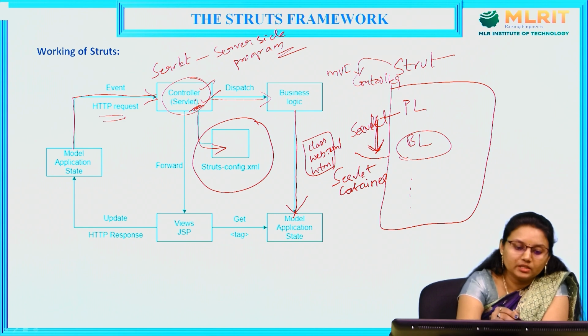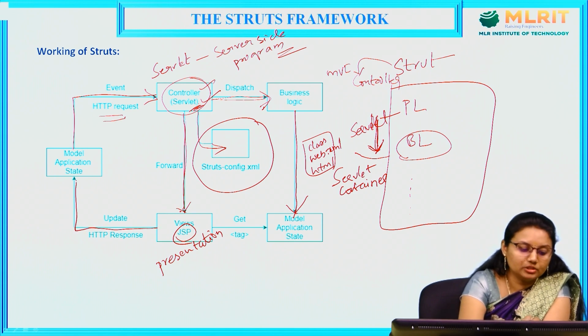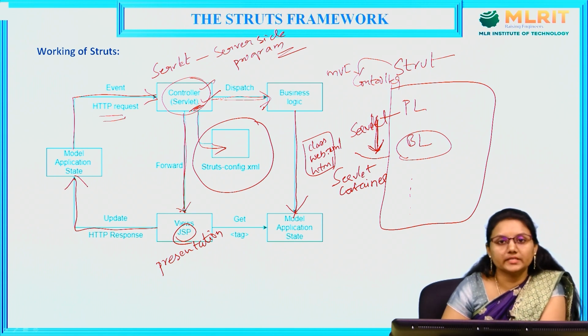So the container should forward the views. Views means what? The presentation part. In the presentation, you can use JSPs, and it can dispatch the business logic. So your view and your business logic together should get integrated here, updated and sent as a response back.